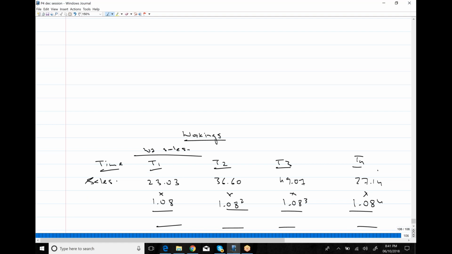So revenue will be, this is 24.87, then 42.7, 61.81, 36.92.